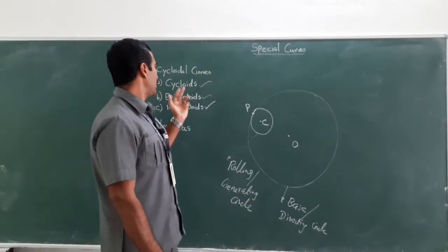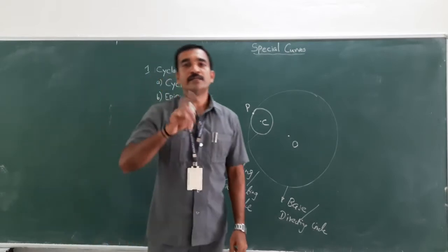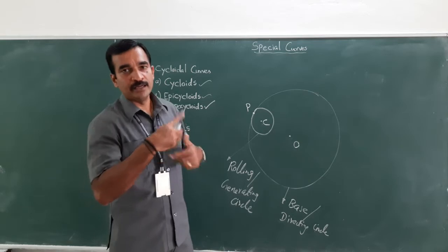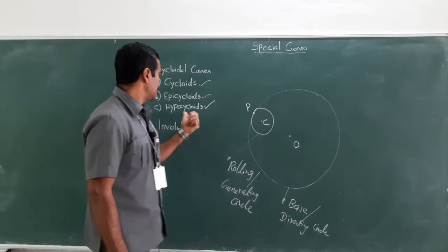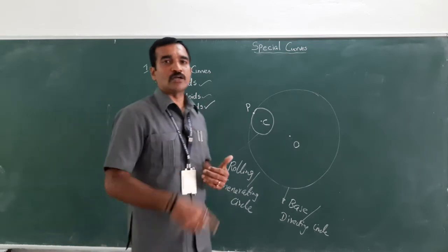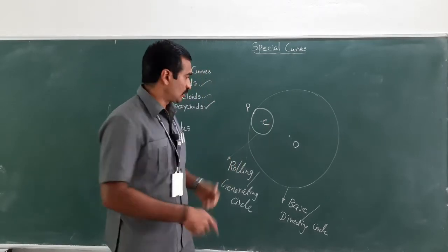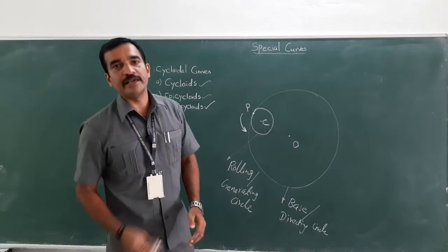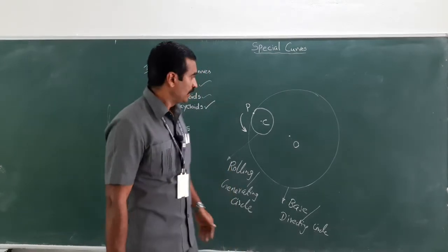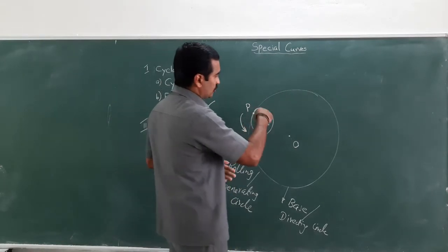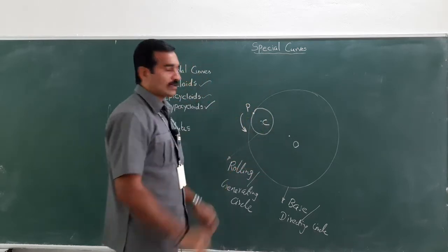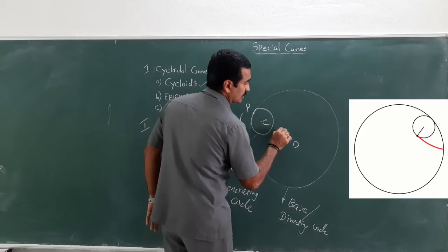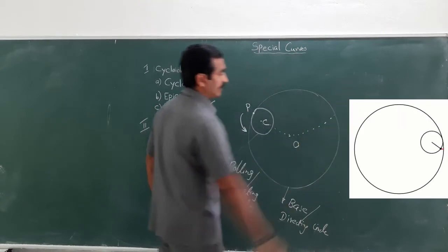See, for cycloid and the epicycloid, the rolling circle rotates in the clockwise direction, whereas in hypocycloid, the rolling circle rolls in the counterclockwise, which is nothing but the anti-clockwise direction. When it rotates in the anti-clockwise direction, it leaves some traces.